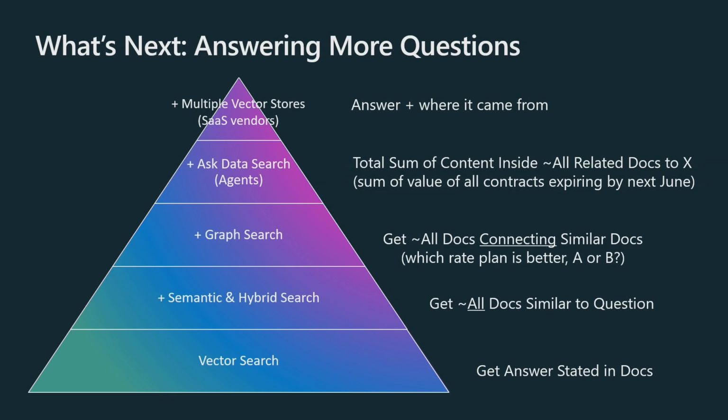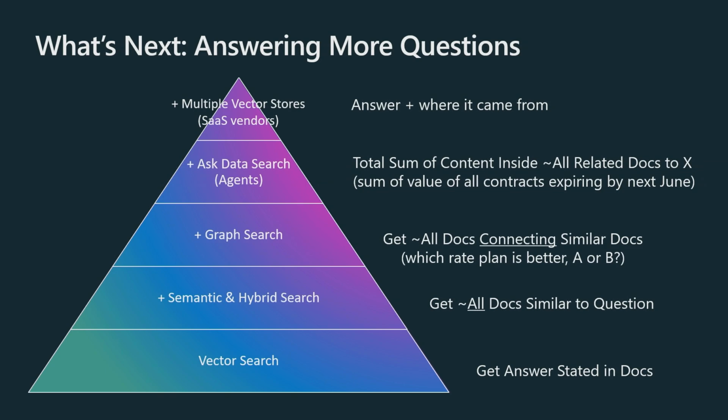Now, this next one on the pyramid is one that we're seeing, and this is where you want to do almost retrieval with a bit of math, okay? So: tell me the sum value of all contracts that are expiring by next June. I could get the contracts that are expiring, but then I have to say, what's the sum of that?